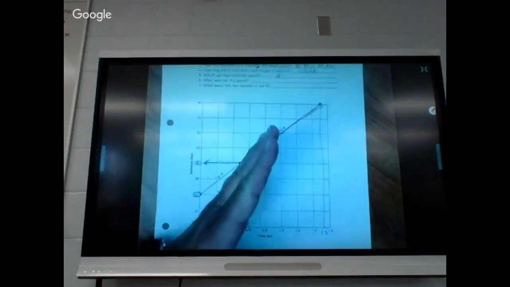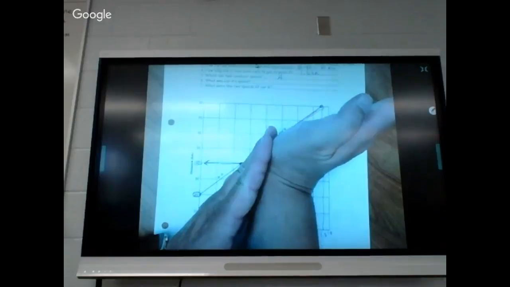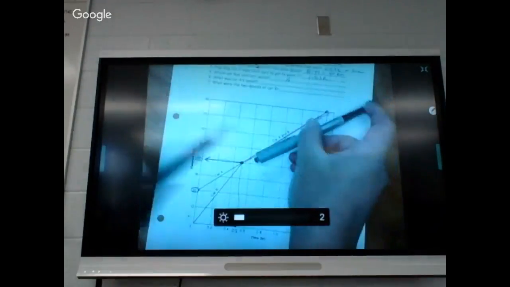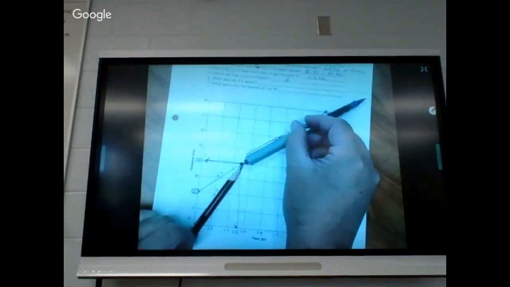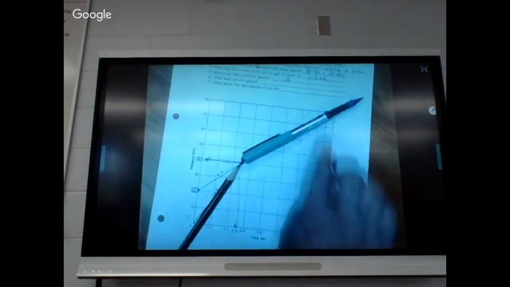If you look at B, it goes this way, and then it goes this way. Is it straight? No. Or I can do it better with pencils and pens. All right, when you look at that, is that straight? That's average. It's not straight. That's why B is not a constant speed graph.